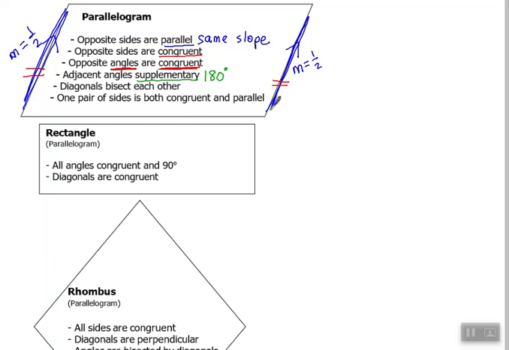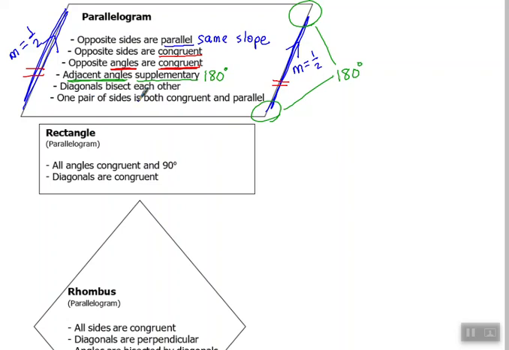So the angles next to each other, adjacent angles, such as this angle and that angle, together those will add up to 180 degrees. Then we have the diagonals bisect each other, and one pair of sides has to be both congruent and parallel.